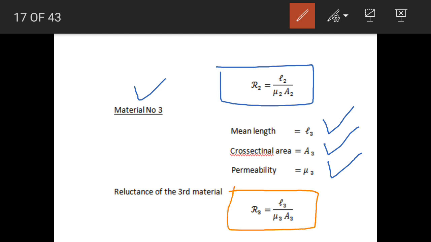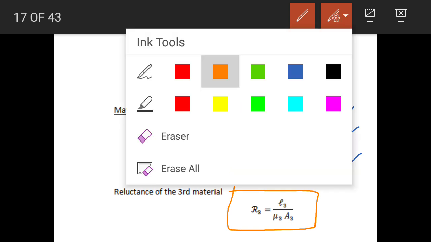The reluctance of material number 3 will be equal to L3 over mu3 A3. So we know the reluctance of material number 1, material number 2, and material number 3. Let us consider the equivalent circuit of the given series magnetic circuit.